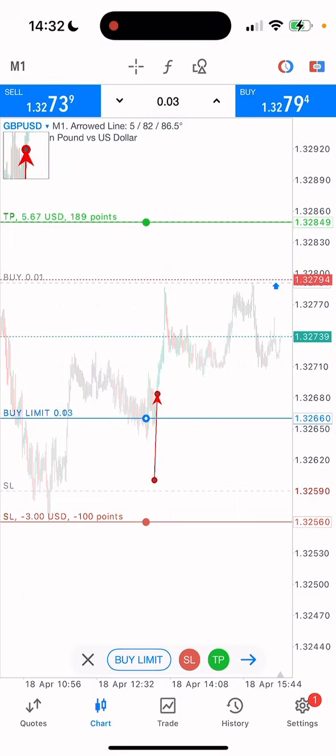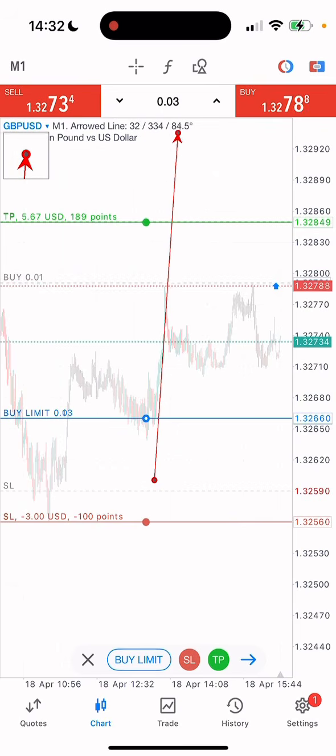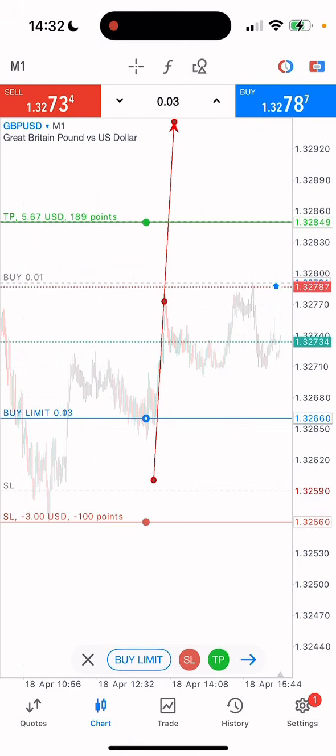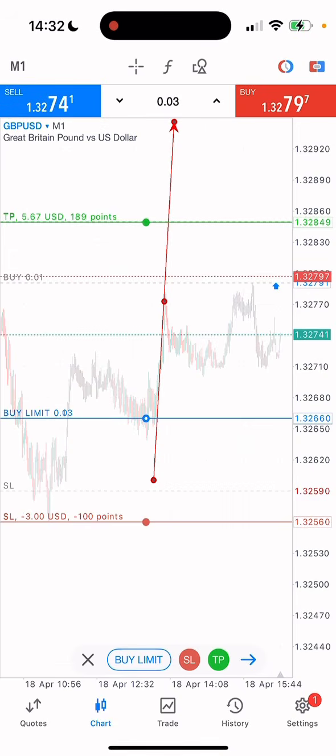0.01 is the minimum. The increase in lot size by that number will tell you how much you're going to make. So let's say I'm going to risk a trade and I'm risking $2 with 0.01. How much would that be with 0.03? Simple. $2 times 3, 6.